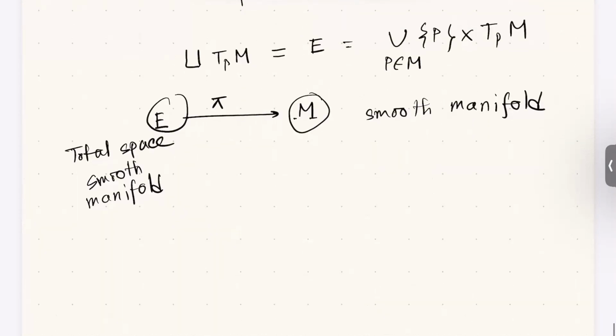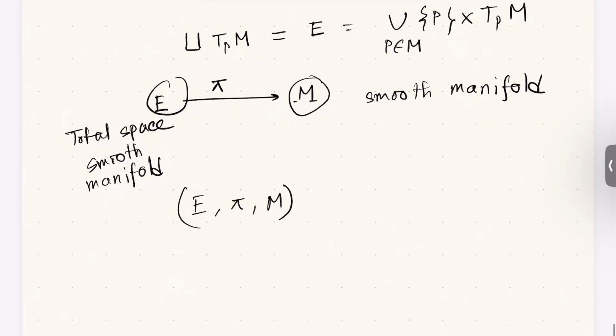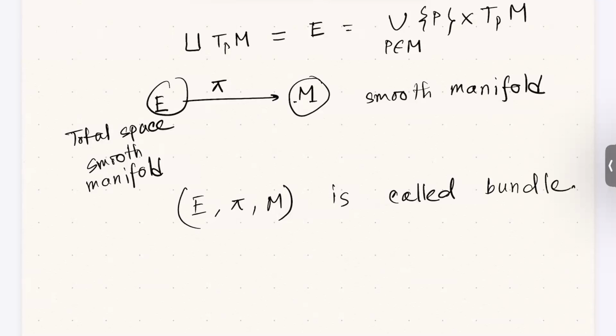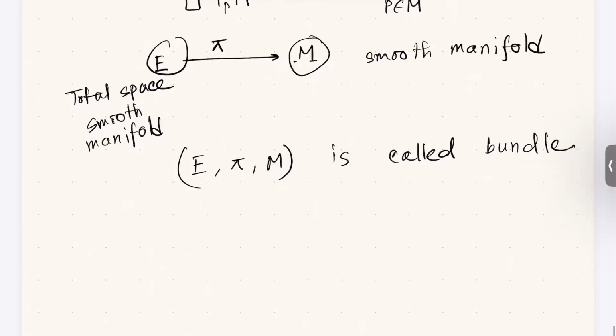Then these three pieces of data, E, pi, M, are called a bundle. And this is not just any bundle, this is a special type of bundle called the tangent bundle.